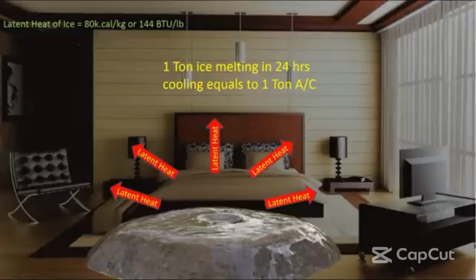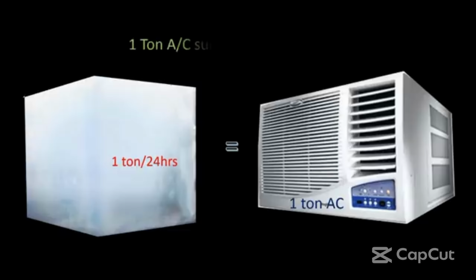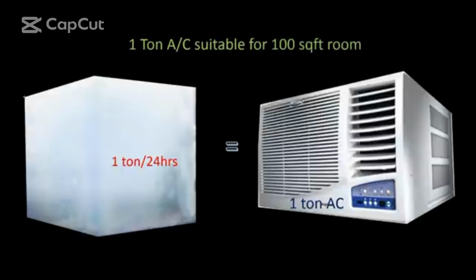So 1.5 ton means it is compared to 1.5 tons of ice melting, making the room cooled, right? So this is the way they are mentioning the AC capacity.